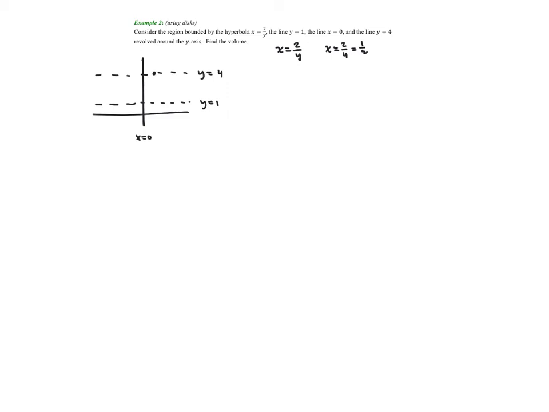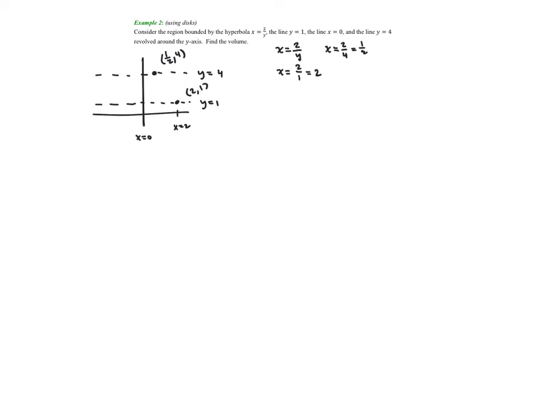So we would have a point of intersection right here at the point half, 4. Same thing, except now let's consider when y equals 1, x would equal 2. So when x equals 2, then we get this point 2 comma 1.